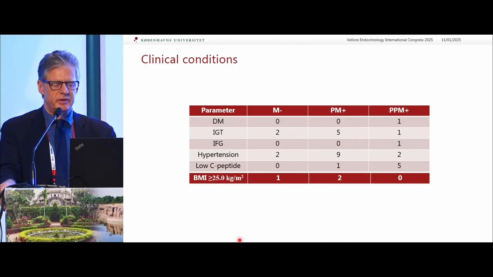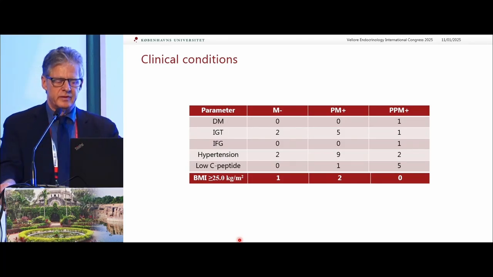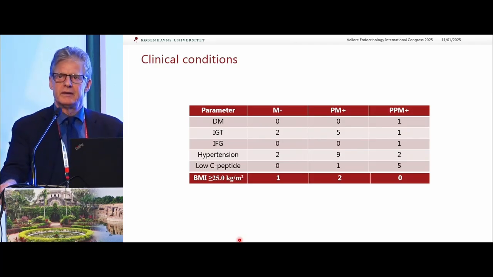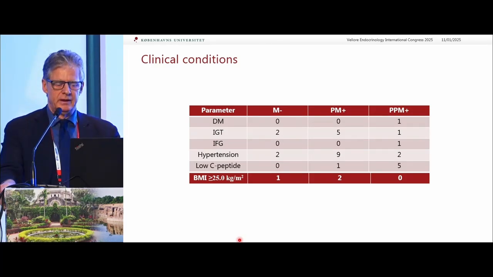When it came to hypertension, there were substantially more of those in the peripheral malaria group, and low C-peptide, which is below 300 picomolar, there were substantially more in the peripheral and placental malaria group. Overweight was not really a significant problem, and none were found in the peripheral and placental malaria group.